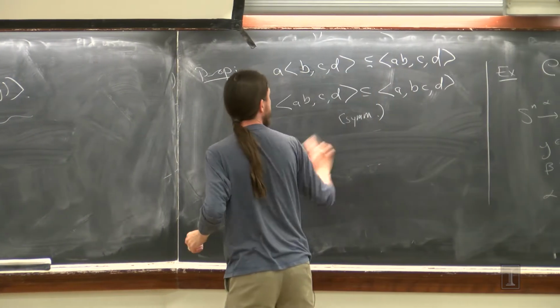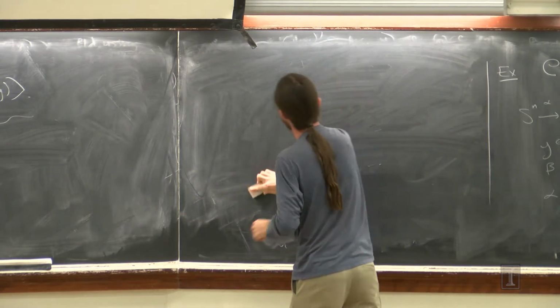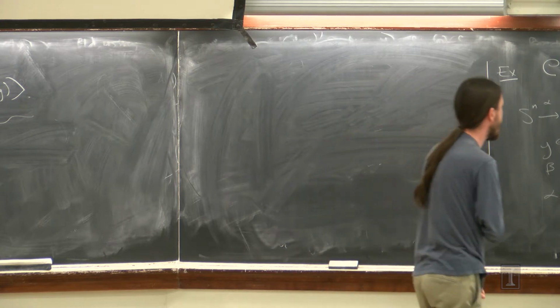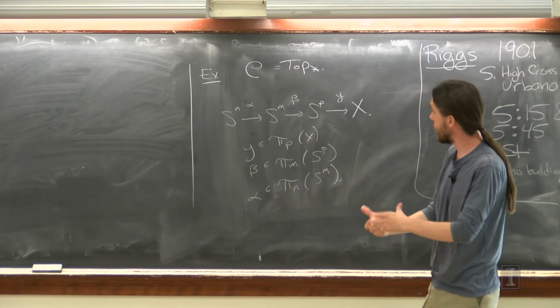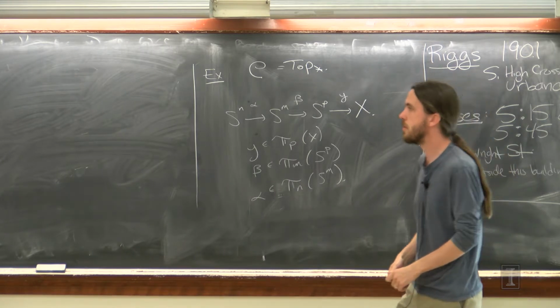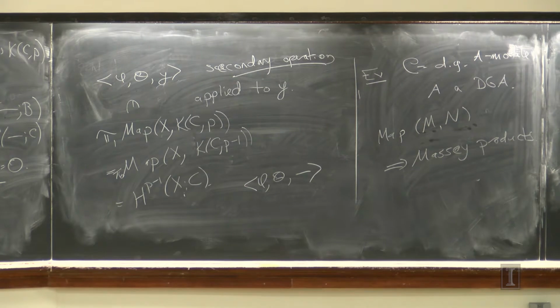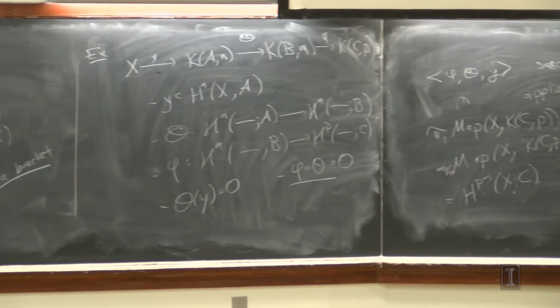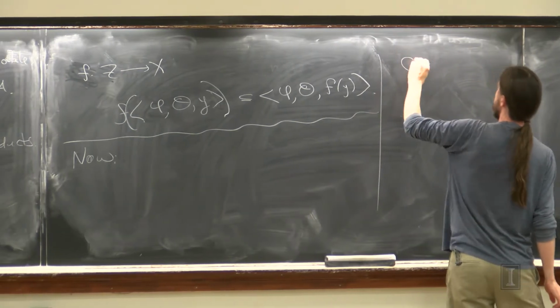So now I want to get to the situation that I'm actually interested in. In both of these examples, we had a couple of things. One of the things that we needed was a relation. Here we had a relation between things in homotopy groups under composition. There we had a relation between cohomology operations. So now, our category C is going to be slightly different.